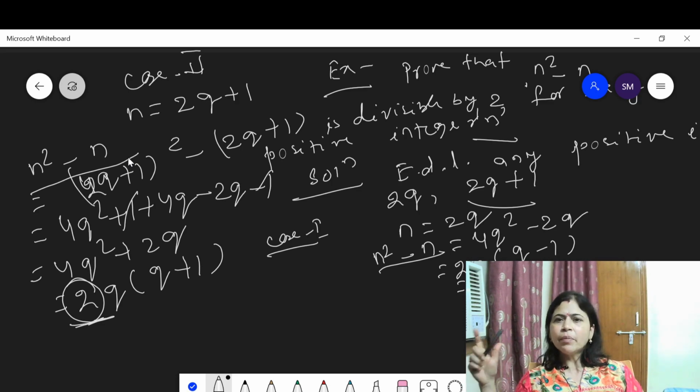This is divisible by 2. Then in case 2, let n be an even number. Then n square minus n is 4q square minus 2q. It is also a multiple of 2. This means n square minus n is always an even number, whether n is odd or even.